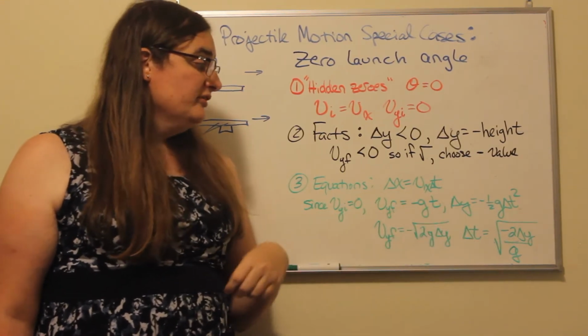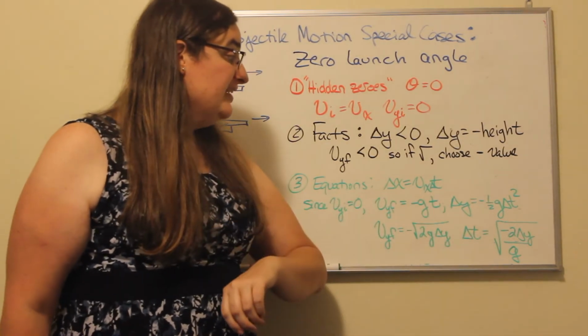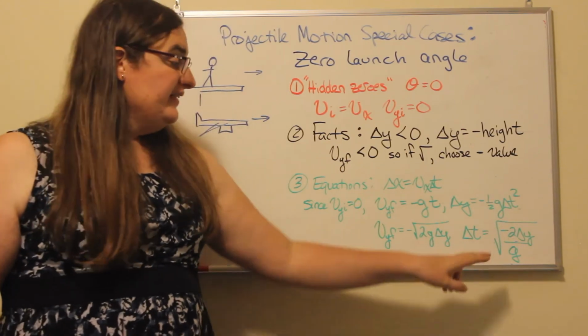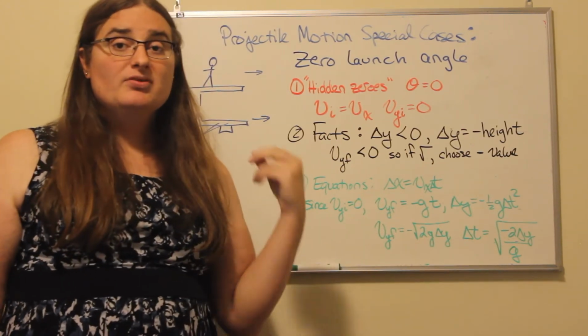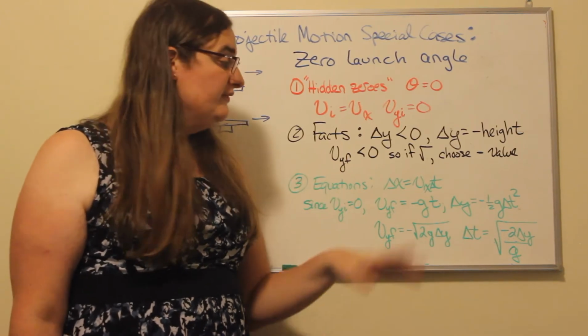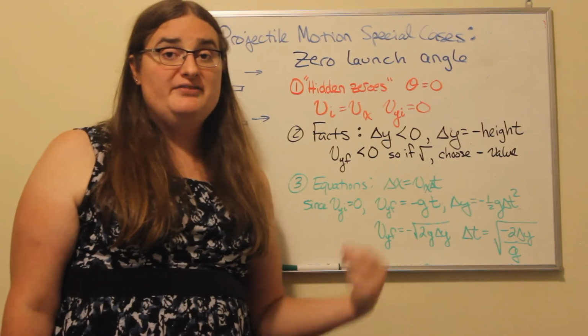If I wanted to solve for time first, I could multiply both sides by -2 and divide both sides by g, and the time for an object falling with zero launch angle is always going to be the square root of -2 times delta y divided by the strength of gravity g.